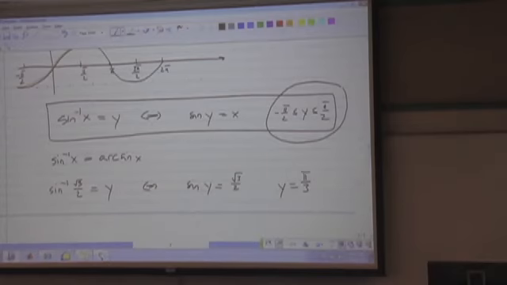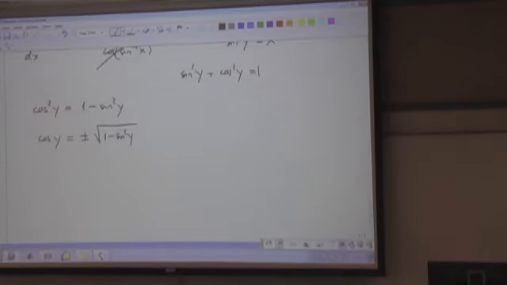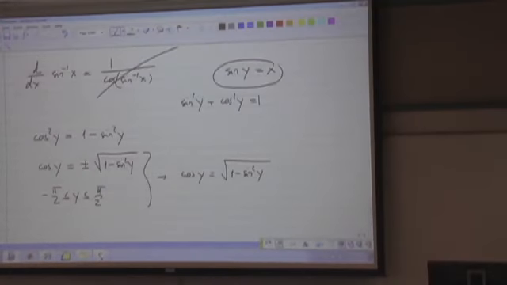So that means, because y is between negative pi over 2 and pi over 2, that cosine of y is equal to the square root of 1 minus sine squared of y. But sine of y is equal to x, so that's equal to square root of 1 minus x squared.